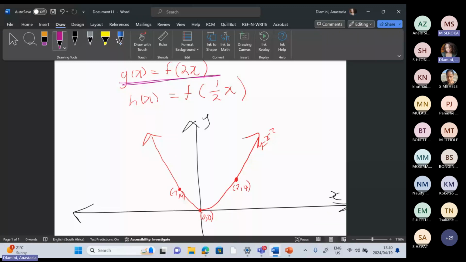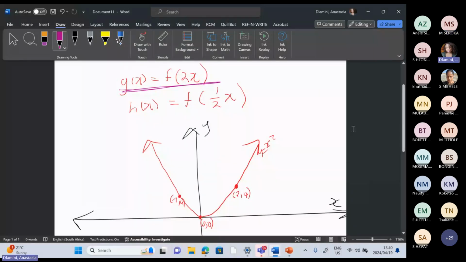It's negative 4 and 4. I told you that when it comes to horizontal, you need to breathe. Man, we are breathing. It's negative 4 and 4.